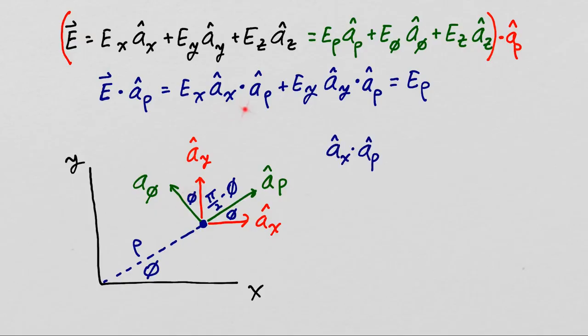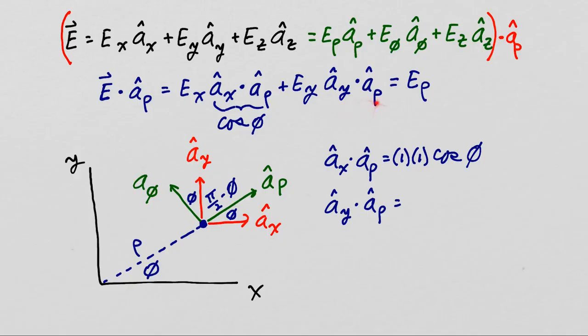To find the dot product between a sub x and a sub rho, we look at this figure. The magnitudes of the two unit vectors are 1, and the angle between them is phi, so we have a cosine of phi. So ax dot a rho is equal to the cosine of phi.